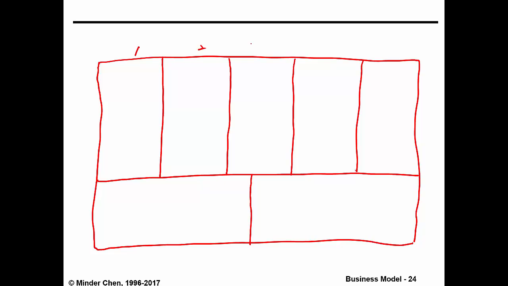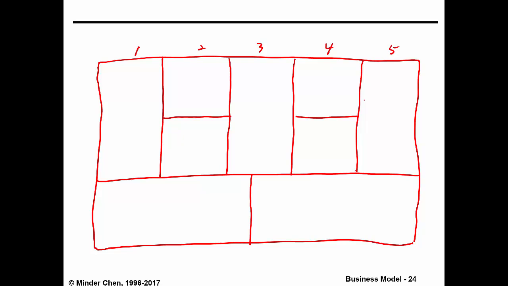If we label these 1, 2, 3, 4, 5 building blocks on the top, you would divide the second and the fourth into half. Now you've got the business model canvas.